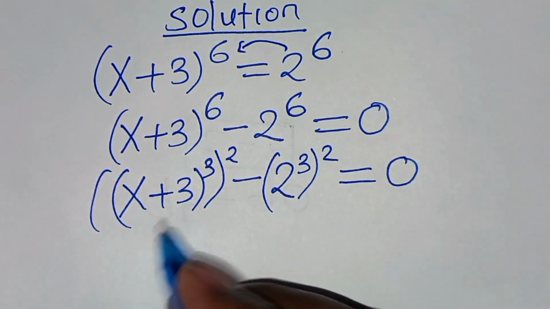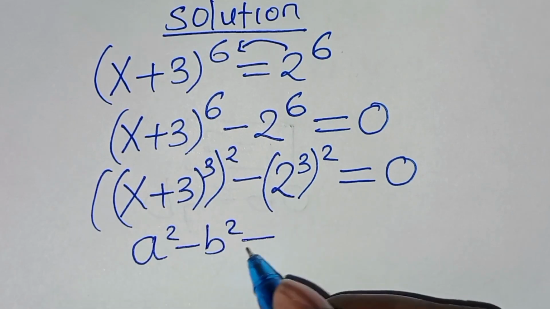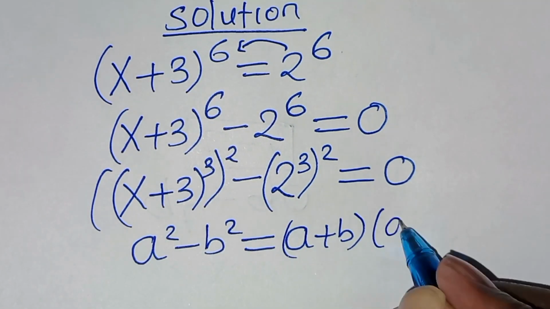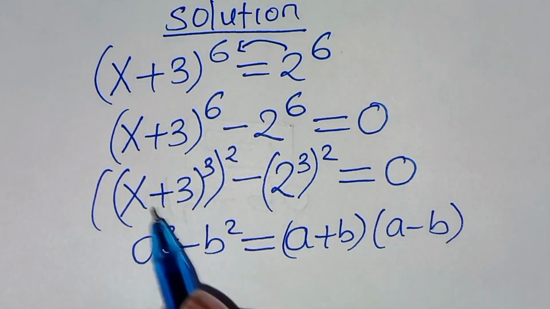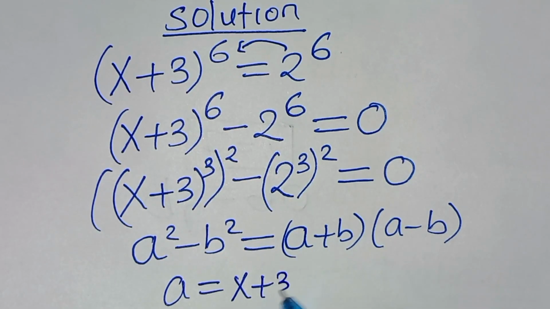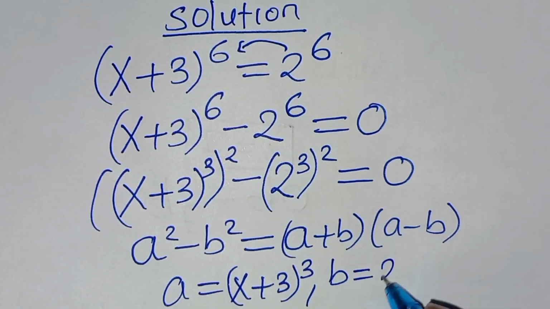Now, this equation is in the form of a squared minus b squared, which we can express as (a plus b)(a minus b). From this equation, a is equal to (x+3)^3 and b is equal to 2^3.